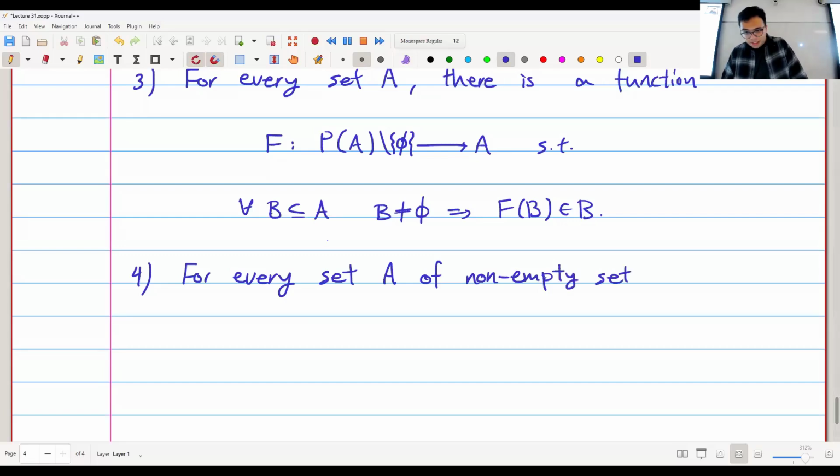Of course, every set is a set of sets, but A is a set and every element of A is also a set, but none of the elements of A is empty.